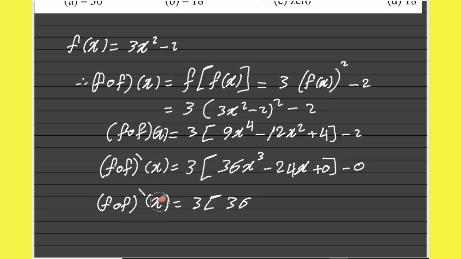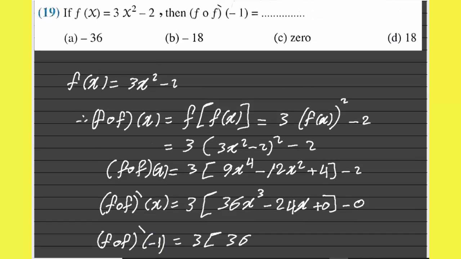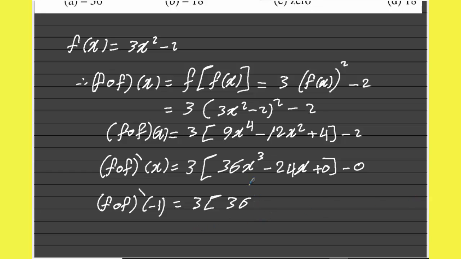Let me write it again. Negative 1 according to the required. The required here is to find f circle f all dash of negative 1. So substituting x equals negative 1, negative 1 power 3 equals negative 1 multiply 36, it is negative 36 plus 24, which equals 3 multiply (negative 36 plus 24) equals negative 12.